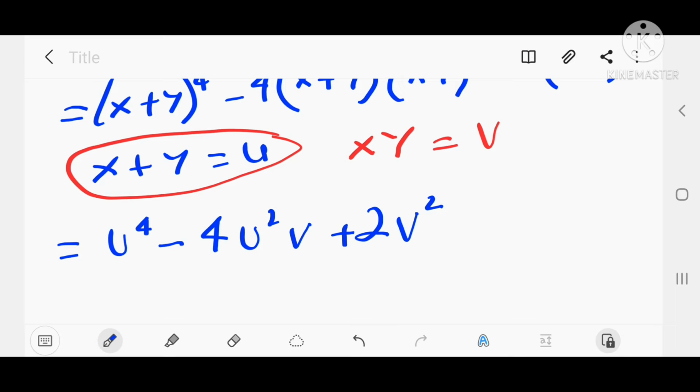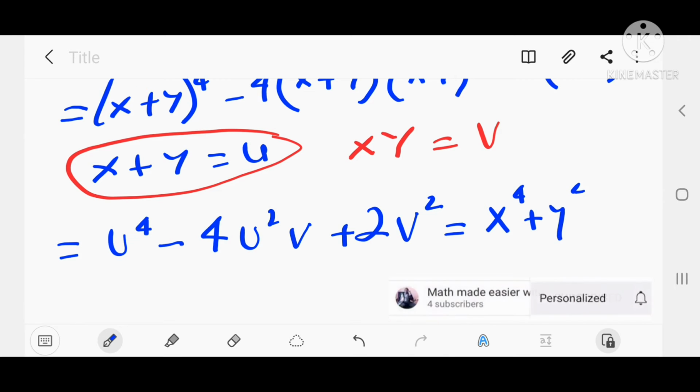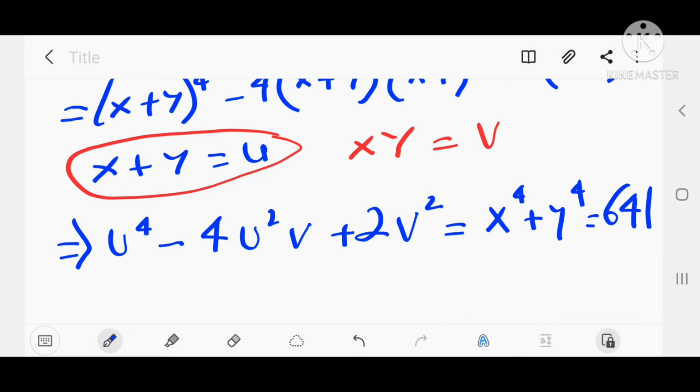Since all this equals x exponent 4 plus y exponent 4, which is equal to 641, we forget this and equate it to 641.